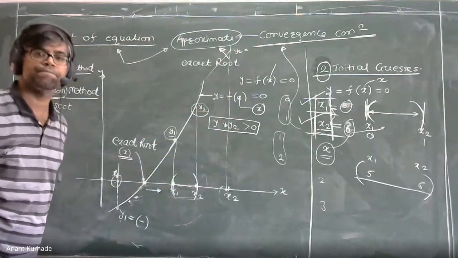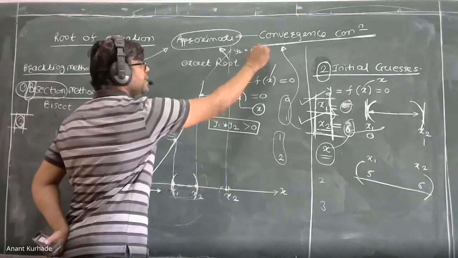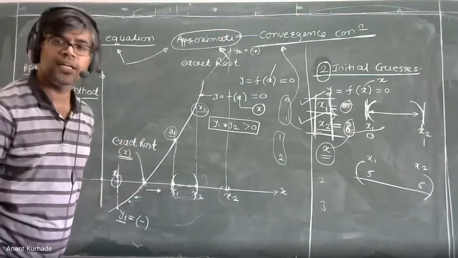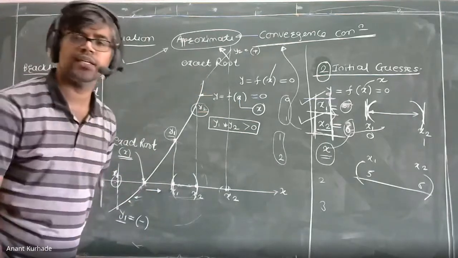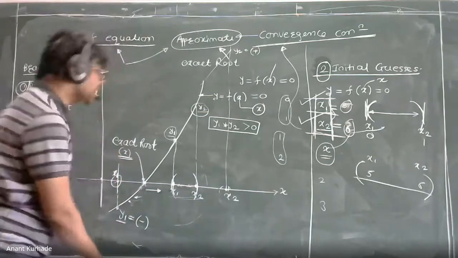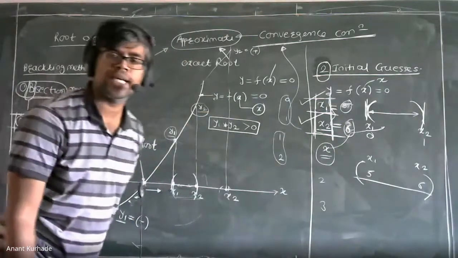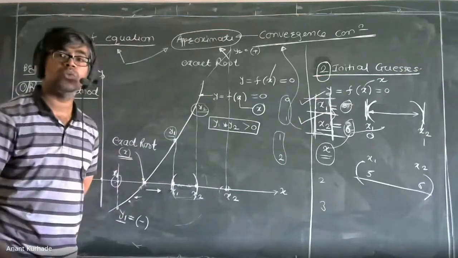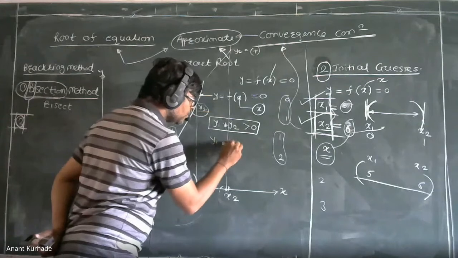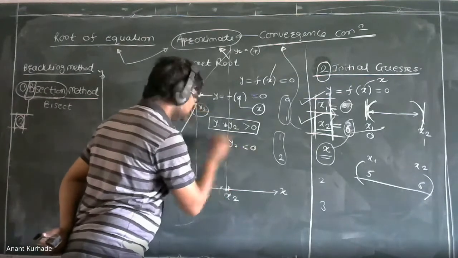If you take the multiplication y1 into y2, y1's sign is minus and y2's is plus, so it is minus. So we can say y1 into y2 is less than 0.